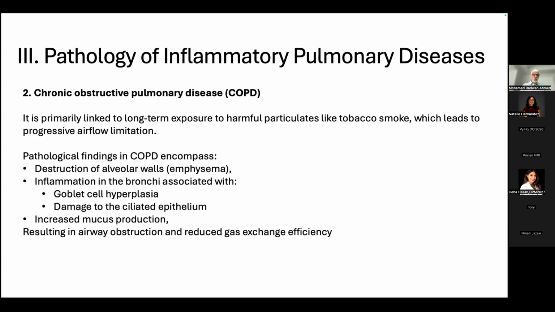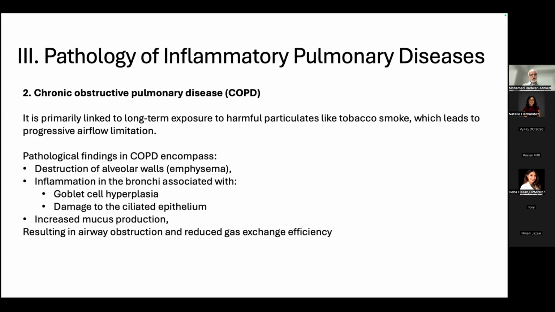And this usually has some degree of inflammation of the bronchi, which becomes chronic. We call it chronic bronchitis. So chronic bronchitis and emphysema are usually combined in chronic obstructive pulmonary disease, and they produce that ventilation problem.